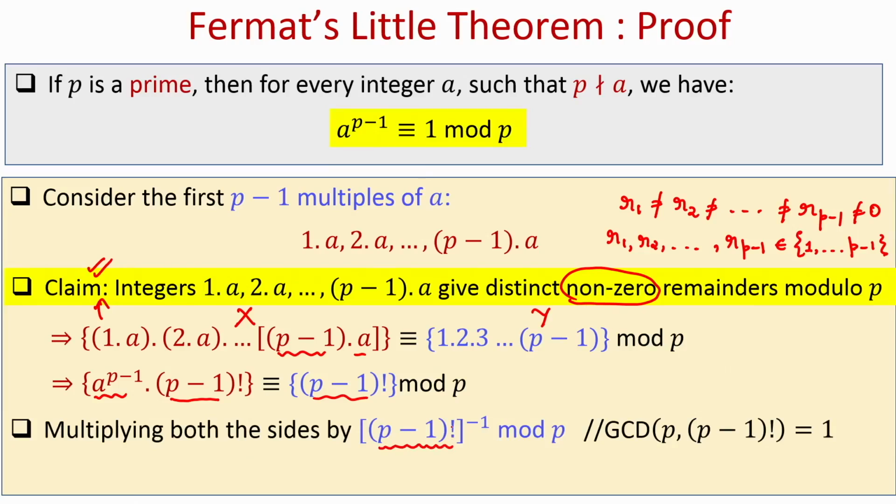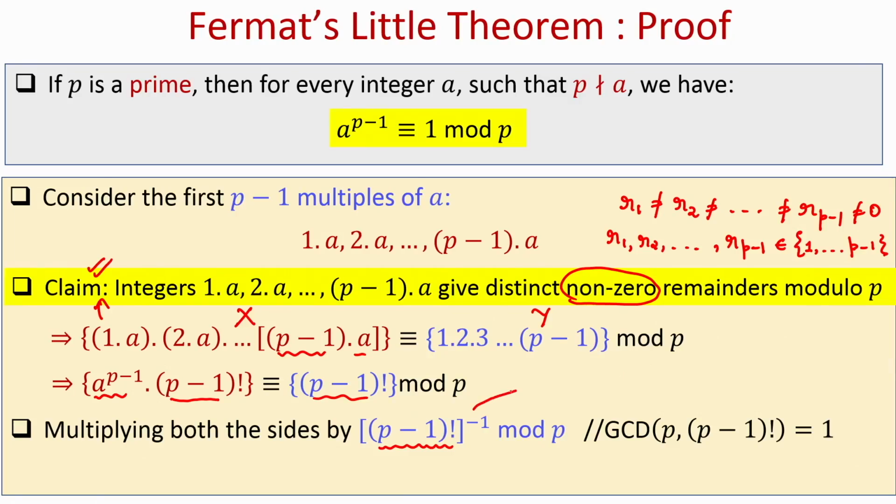p. Now, you might be wondering, what is the guarantee that the multiplicative inverse of p minus 1 factorial modulo p exists? So, recall we discussed in one of our earlier lectures that the multiplicative inverse of a value modulo some modulus n exists if and only if that value is co-prime to the modulus.